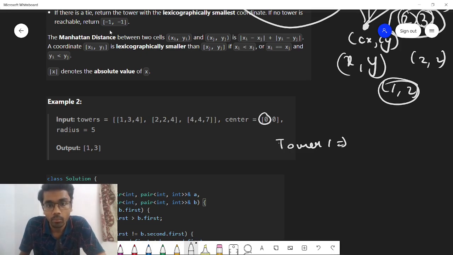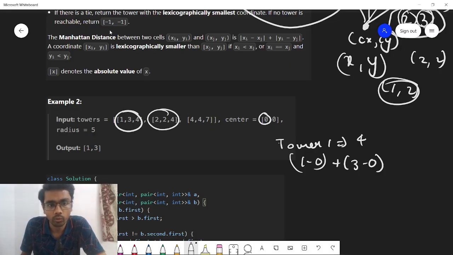The center point is 0, so 1 minus 0 plus y coordinate is 3, 3 minus 0. So this comes out to be 1 plus 3, that is 4. So tower 1's Manhattan distance from the center is 4.